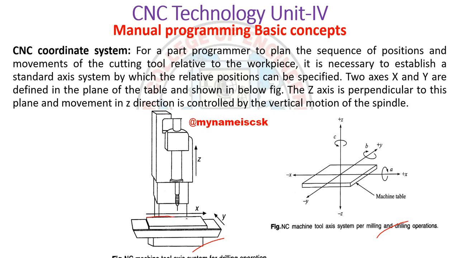For drilling, this direction is my x-axis, this is my y-axis, and this distance coming down is the z-axis. Similarly, from the origin, positive x, negative x, positive y, negative y, then positive z and negative z. So this is a coordinate system.